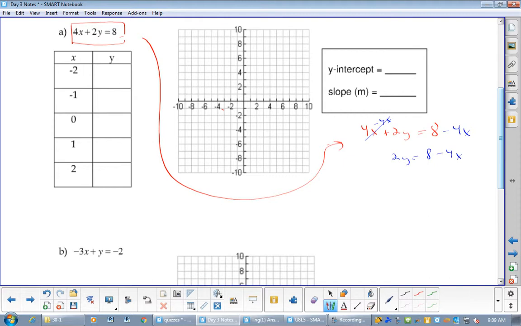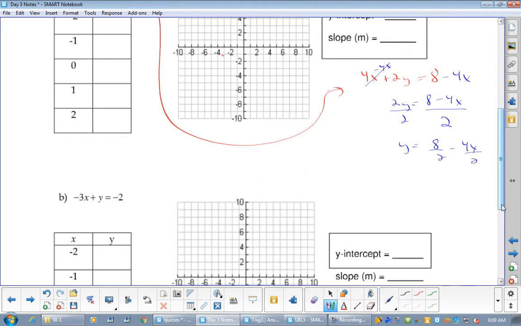Then what do we do? Divide. Now, you divide this by 2, and make sure you divide all of this by 2. So this would be y equals 8 over 2 minus 4x over 2. I could split the 2 up. Y equals 4 minus 2x.